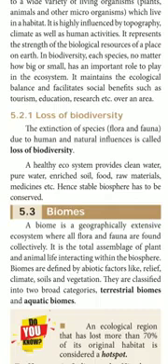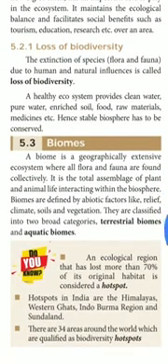Okay. So, an ecological region that has lost more than 70% of its original habitat is considered a hotspot. Hotspot. Okay. So, what do you mean by this hotspot? An ecological region that has lost more than 70% of its original habitat is considered a hotspot.